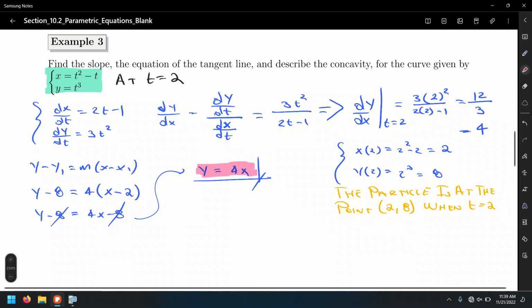So there's a couple of things you might want to do. Number one, you could eliminate the parameter from the set of parametric equations, which is going to take a good minute. Try to find the easiest of the equations, and I don't think there's any easier. Maybe the easiest is y equals t cubed.